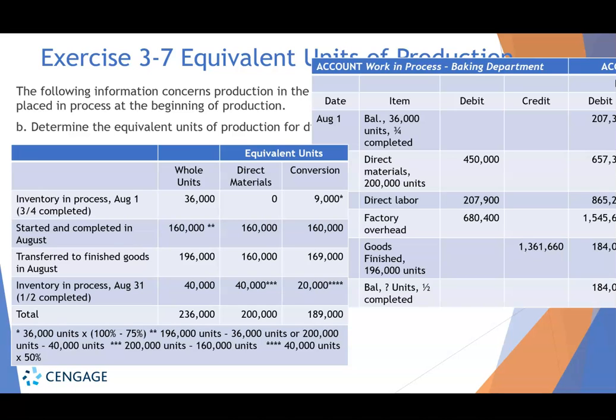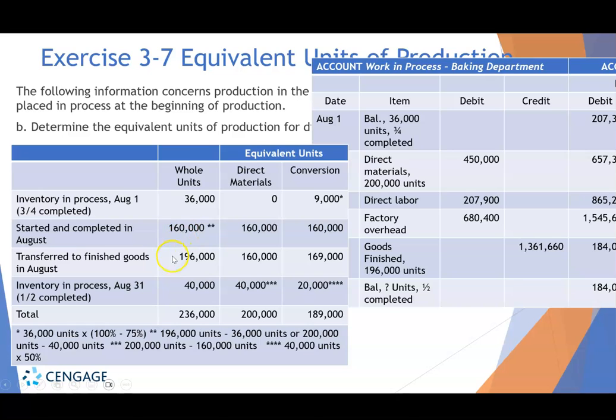So 36,000 units at 25% conversion would be 9,000 units. If we started and completed 160,000 units, the reason we know it's 160,000 units is we know we transferred out 196. So the 196 minus what we started with shows what we started and transferred out during the period, 160,000 units.